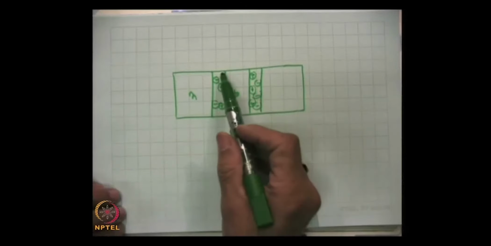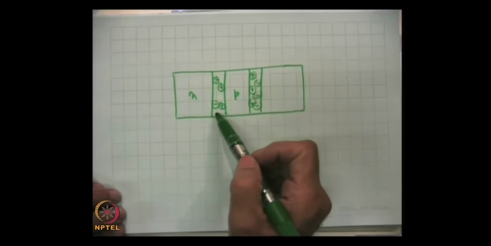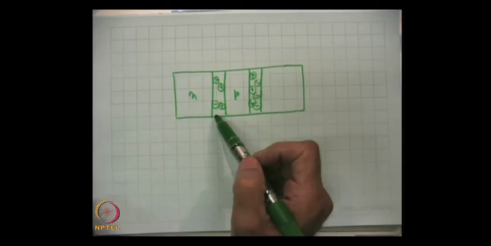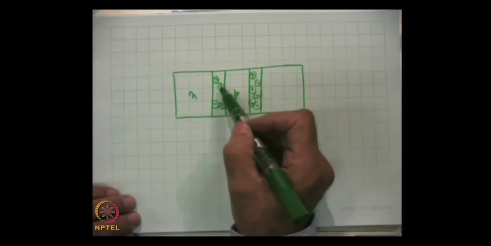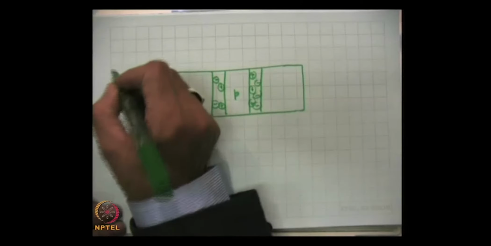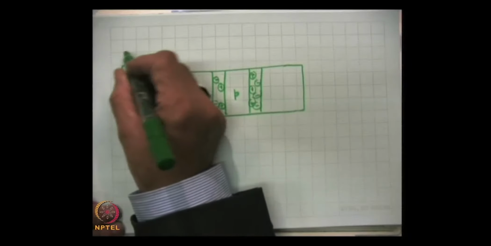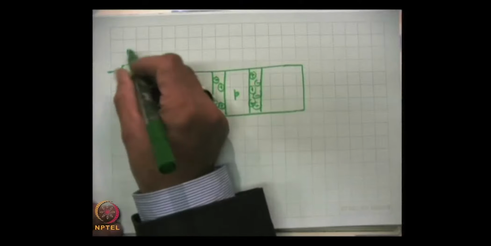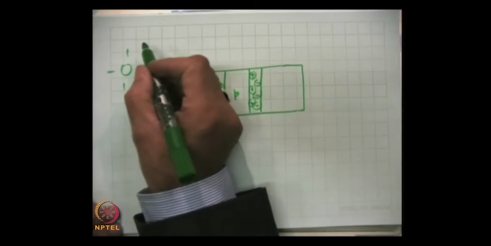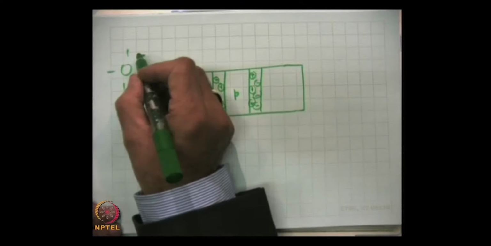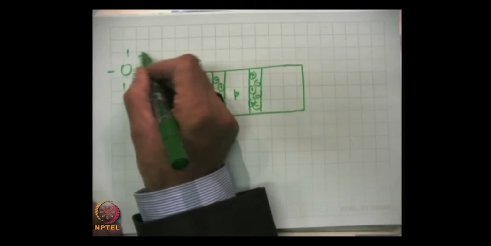Why? Because from this region the mobile charges, electrons and holes, have disappeared, leaving behind the exposed space charge. Earlier electrons and holes were here. You remember that the pentavalent impurity phosphorus has 5 electrons, 4 will make covalent bonds with the silicon, and the 5th electron, which is loosely bound, disappears.